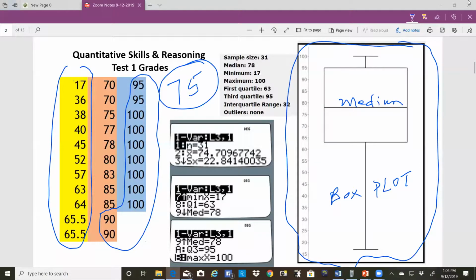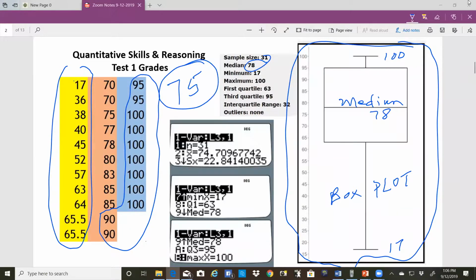And that's the score that's right in the middle of all the data. And the median was 78. The highest grade was 100. And the lowest grade was 17.